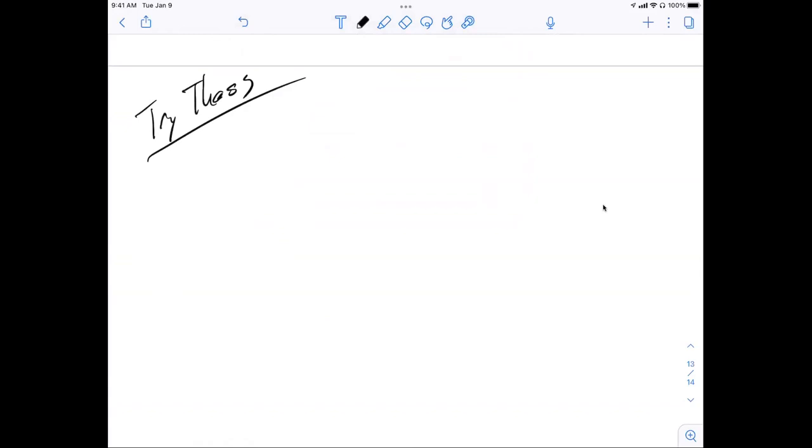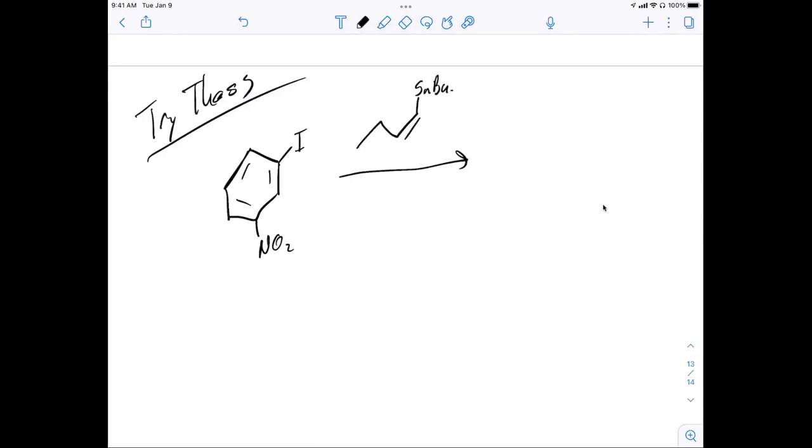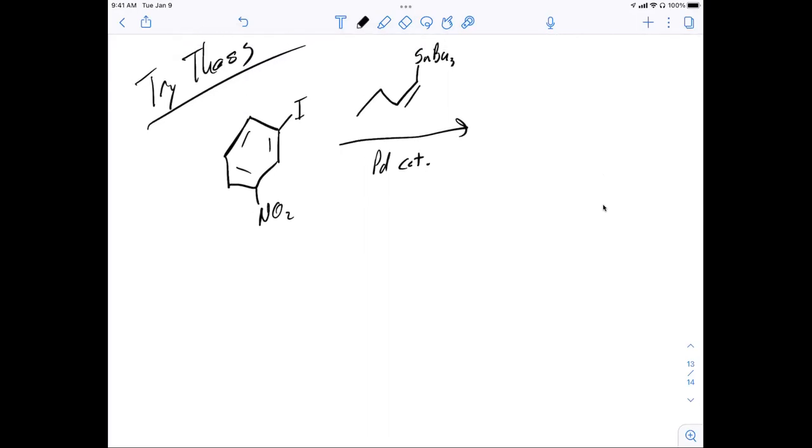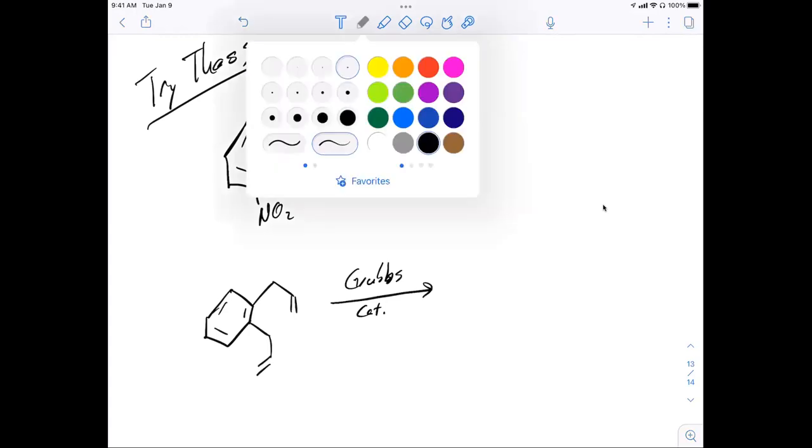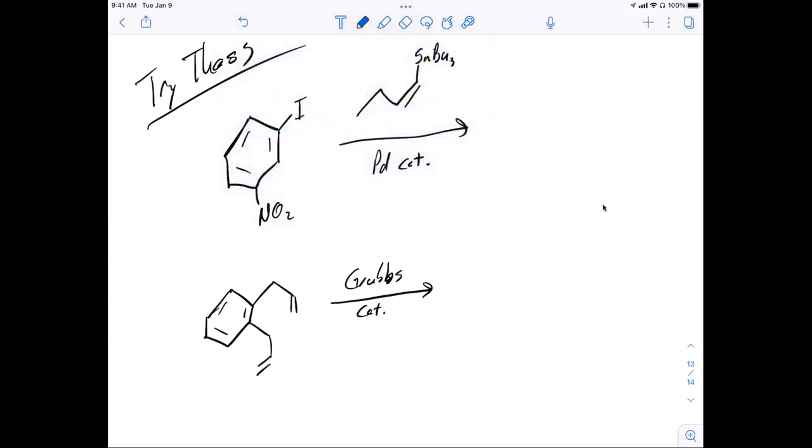I'll put up the learning outcomes so you'll know what to look for. Take a little time for this one.